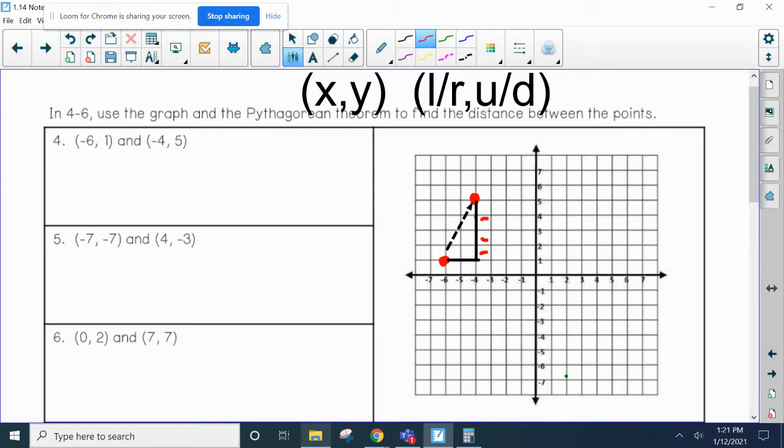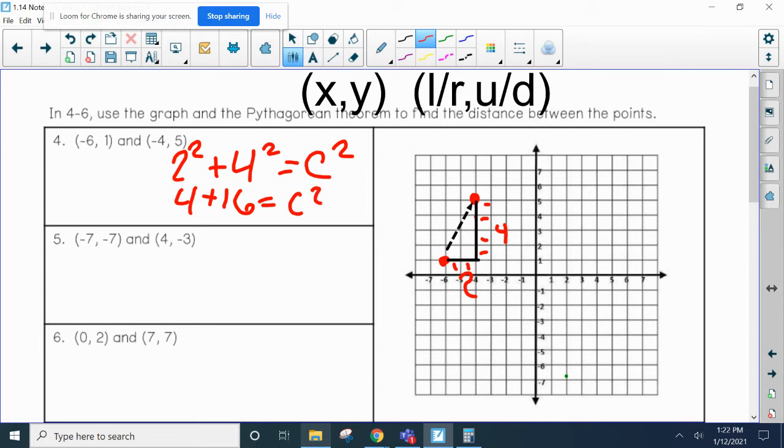1, 2, 3, 4. And then we have 1, 2. So, again, a squared plus b squared is going to give us that diagonal distance squared. So 2 squared is 4, plus 4 squared is 16, equals c squared. 4 plus 16 gives us 20.